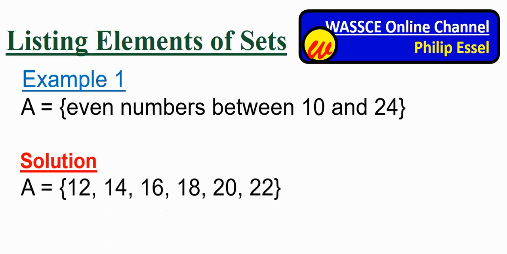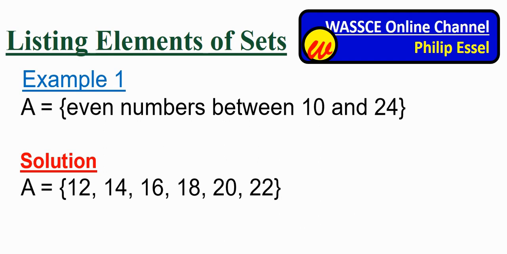This is the listing format of the set A. We have the numbers 12, 14, 16, 18, 20, and 22.